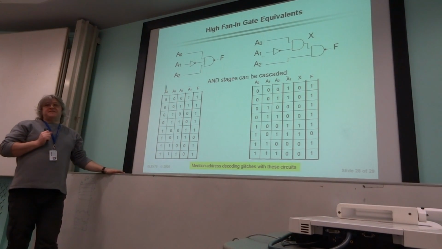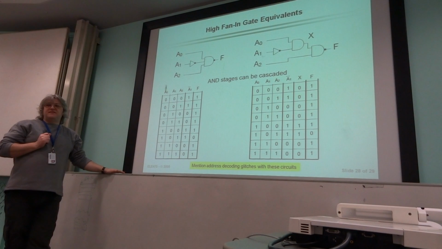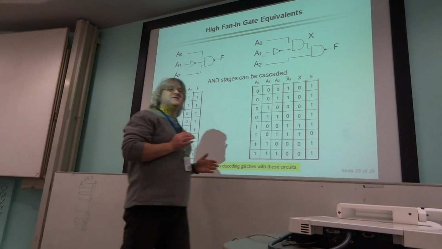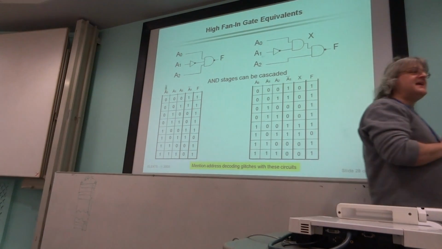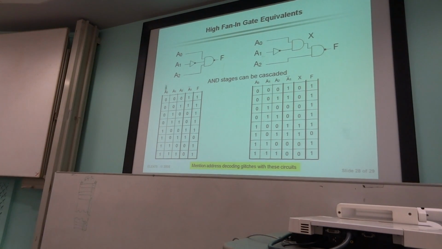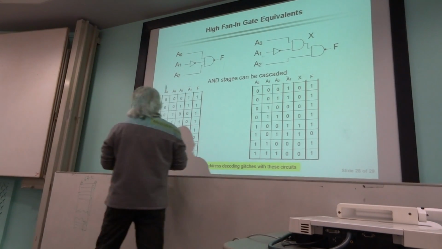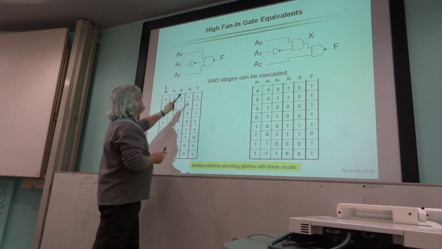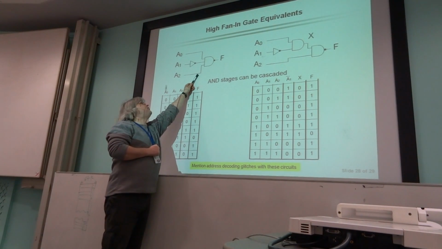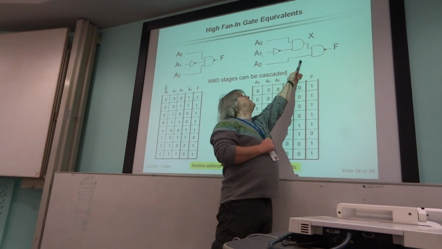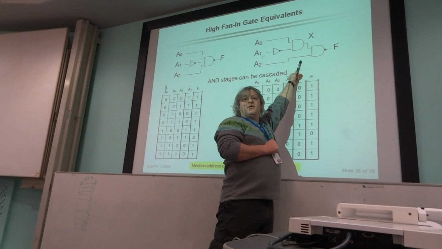You can't get 16-input NAND gates and 16-input NOR gates. Try. What you can do is cascade simpler gates to achieve the same effect as a high fan-in gate. Here's an example of a 3-input NAND gate, and we've achieved the same logic function using only 2-input gates.